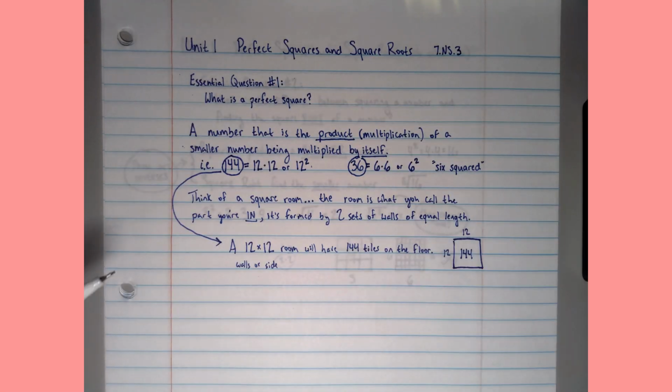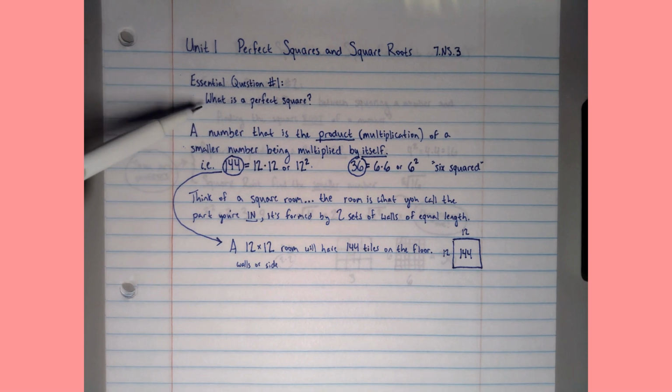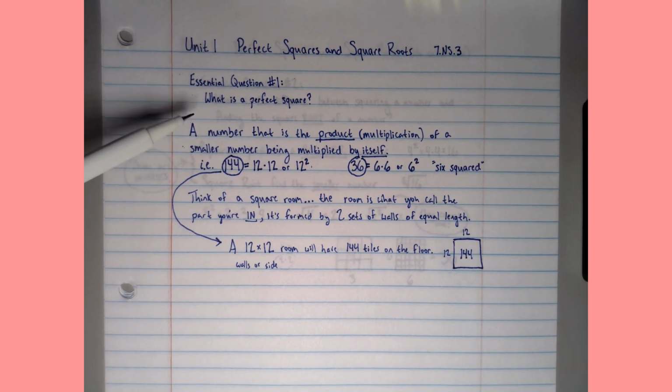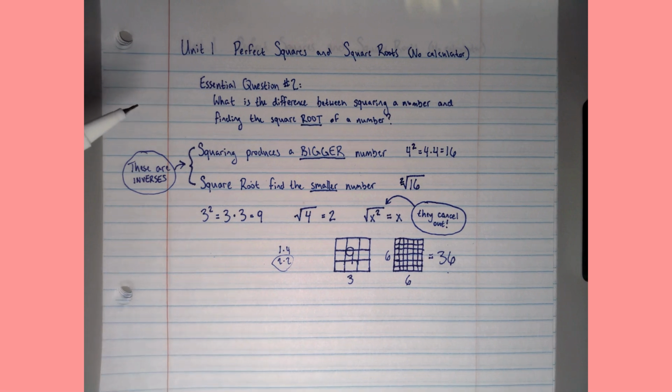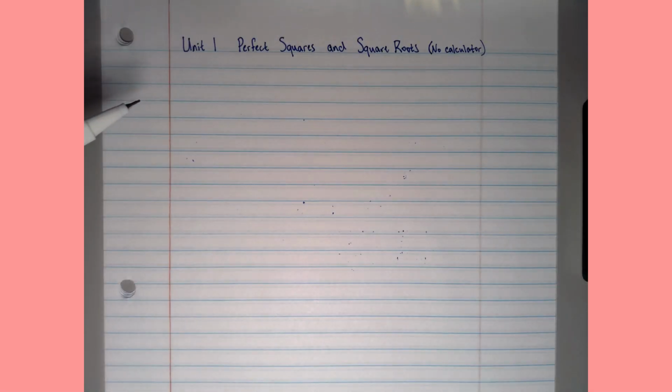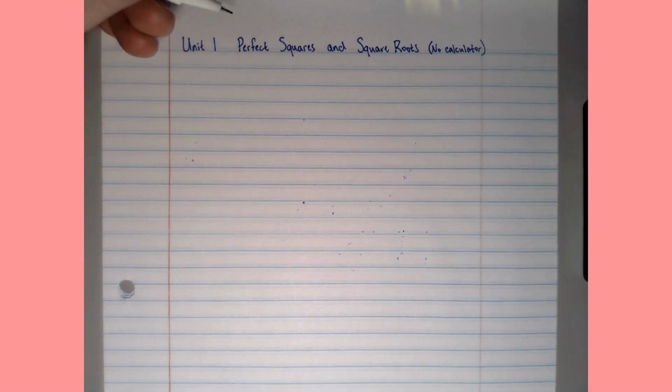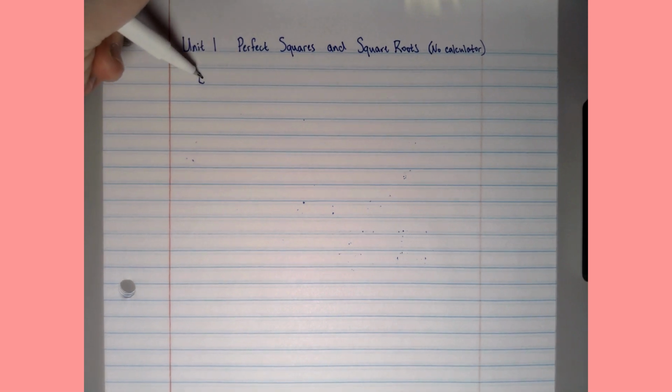The second video focused on essential question number 1 of what is a perfect square. Question 2 in the third video was what is the difference between squaring a number and finding the square root of a number. And we are now on question 3, essential question number 3. I forgot to write it before I started the video.